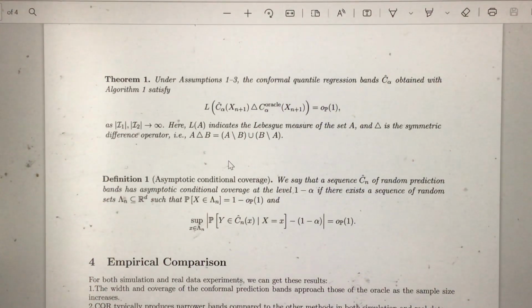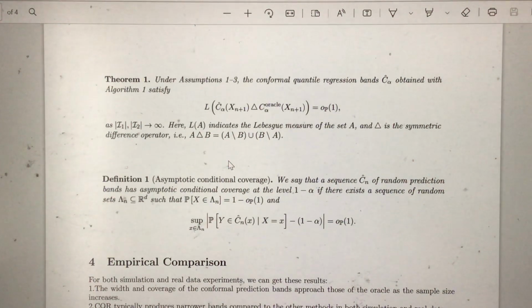L is the Lebesgue measure of the set A, and triangle is the symmetric difference operator. This theorem works for these three conformal quantile regression methods; all three are good to use for this theorem.